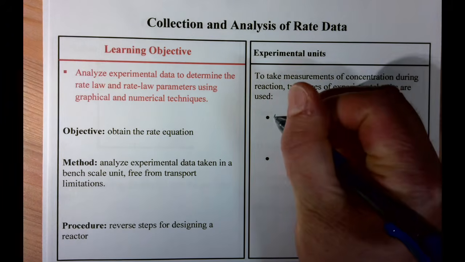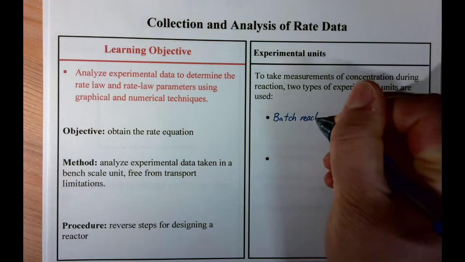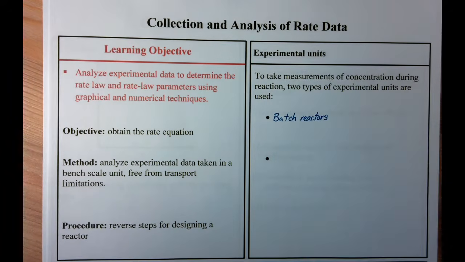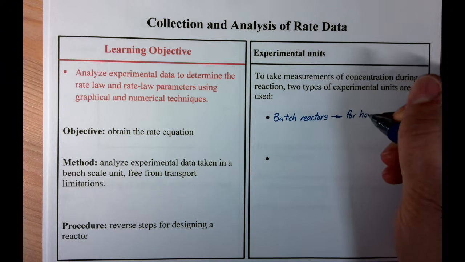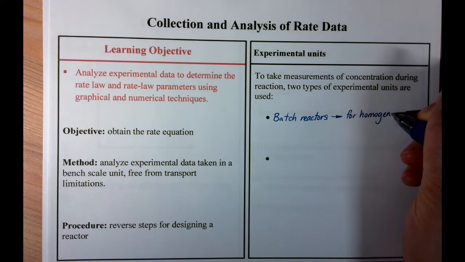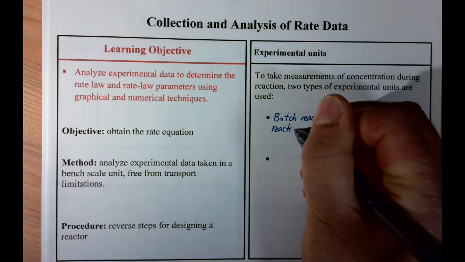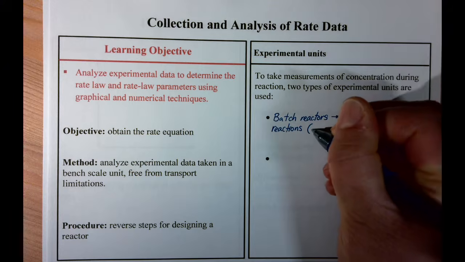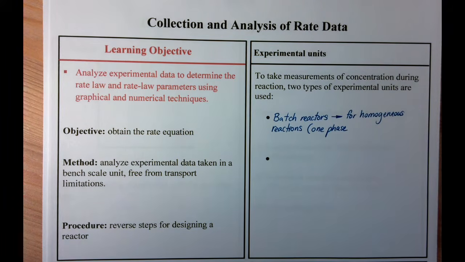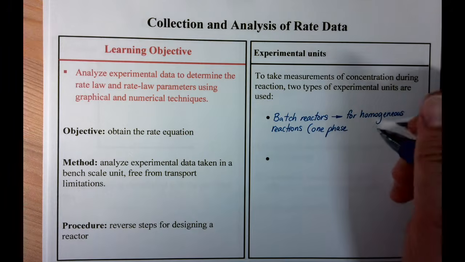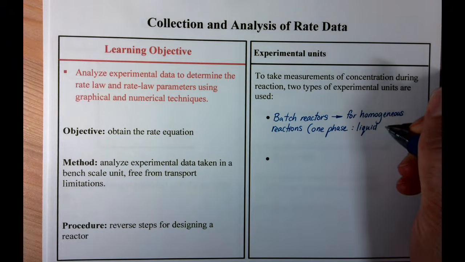On one hand, we're going to use batch reactors, which we will use for homogeneous reactions. In other words, there's only one phase in the system. Usually that is a liquid phase or a gas phase.